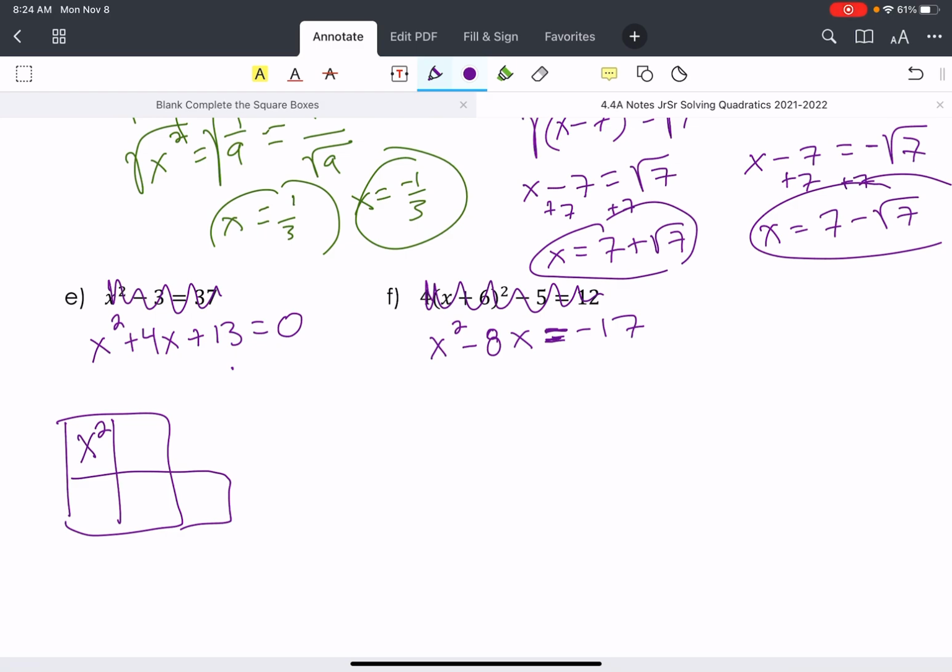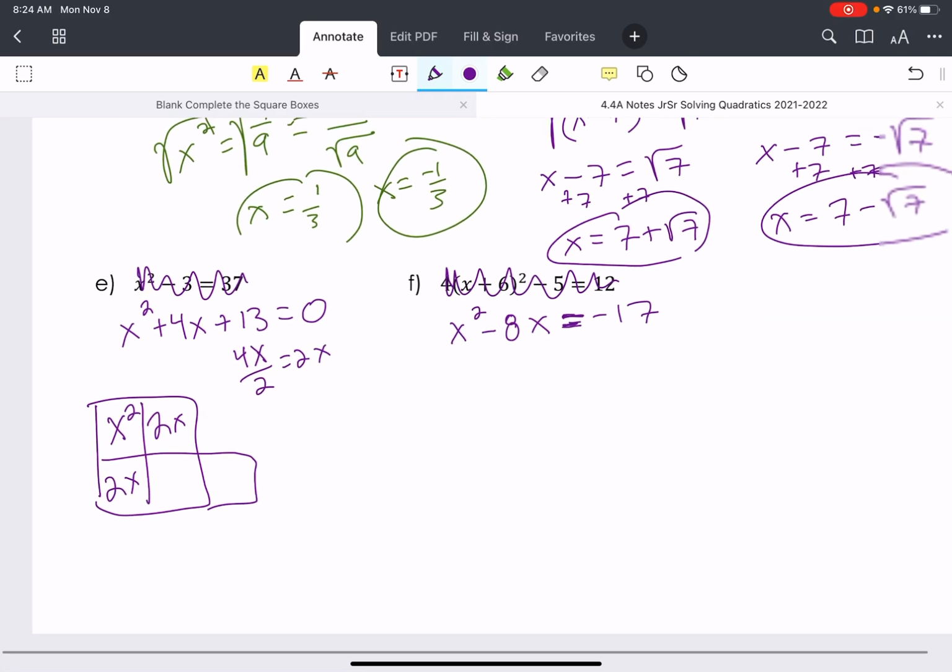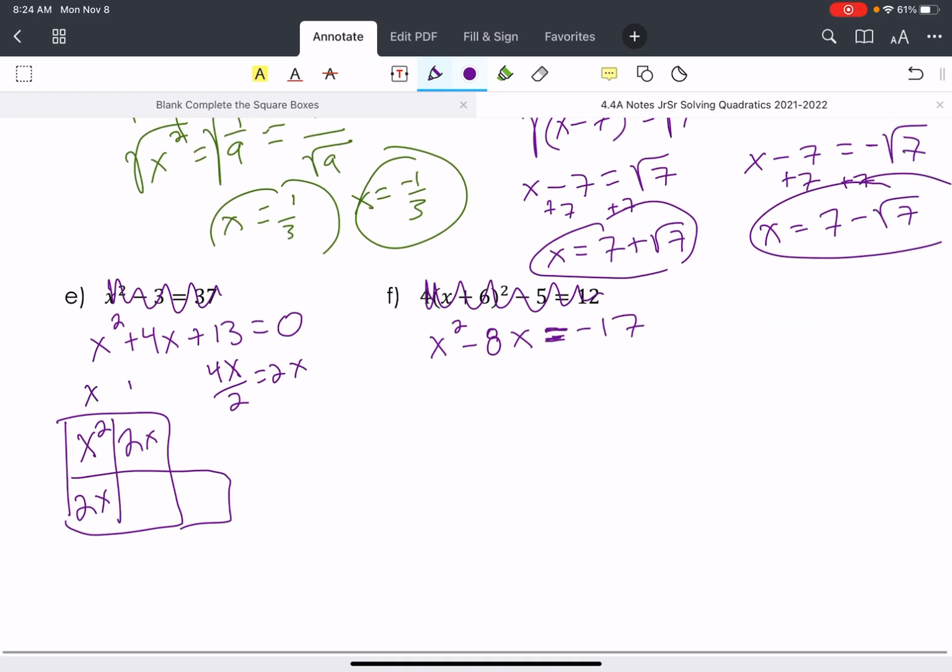Then what? Good. We take our middle term and we cut it in half. And put those here. Remember now? Oh, hold on, careful.